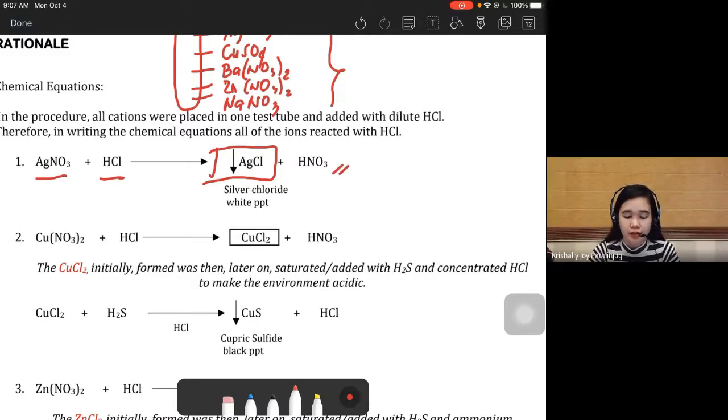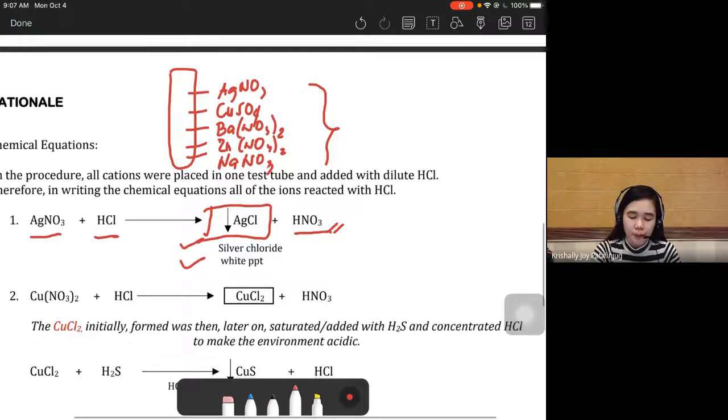This would be the filtrate. The nitric oxide is part of the filtrate. So the name is silver chloride, the color is a white precipitate. Next, of course, upon adding the initial HCl, you'll have a preliminary interaction with all the test solutions.